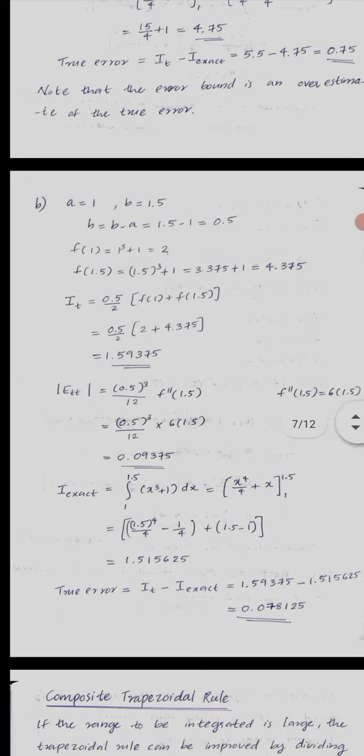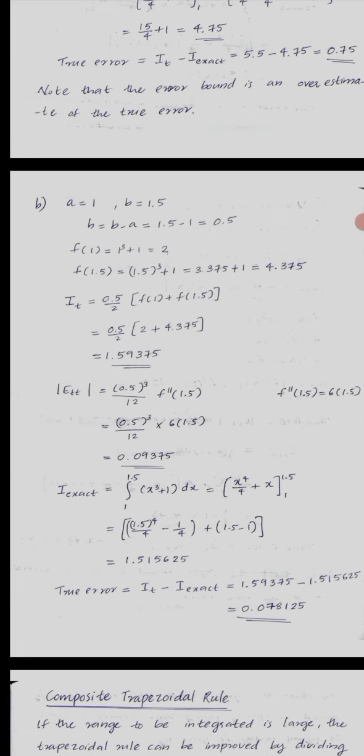Now for part b, when a equal to 1 and b equal to 1.5, h equal to b minus a, equal to 1.5 minus 1, equal to 0.5. f(1) is 1³ + 1, which is 2. f(1.5) = 1.5³ + 1 = 4.375.